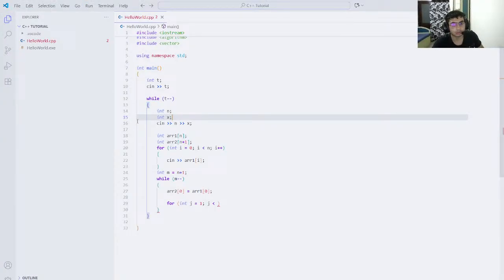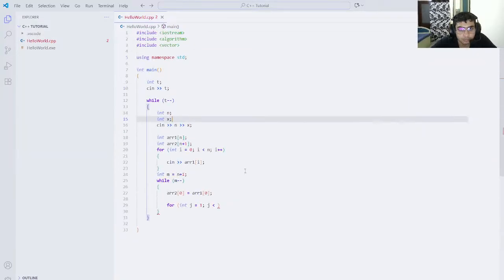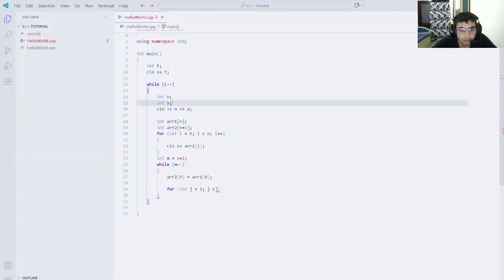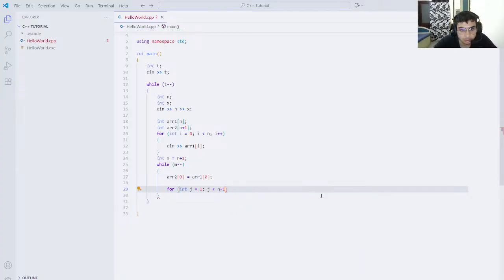Back to the question. It's going to be running for n minus 1. Let's just put it n minus 1 and then j plus plus.